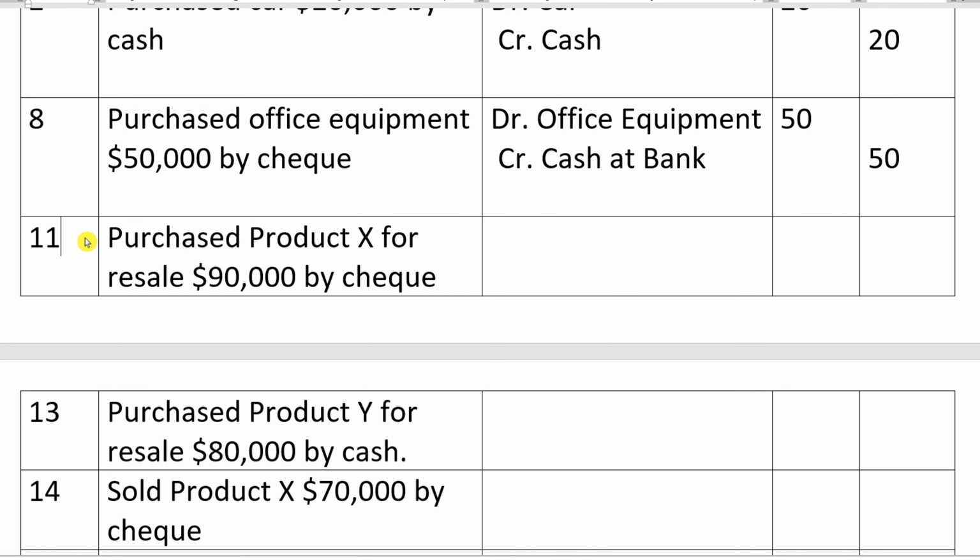And on the 11th, we purchased product X for resale, 90,000 by check, meaning that we pay by bank.